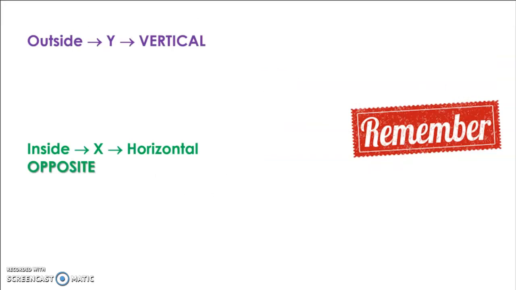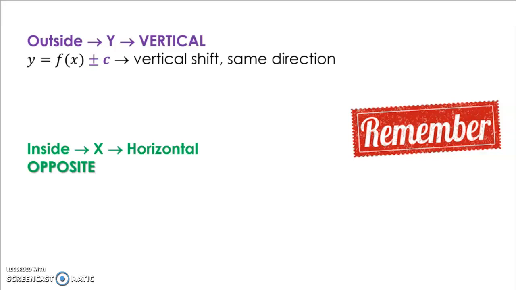So in summary, it's important that we remember outside is y and vertical, inside is x and horizontal, and the opposite, except for a flip, because there's really no opposite of multiplying by -1, right? So if I have a plus or minus a number on the outside, that's a vertical shift in the same direction.